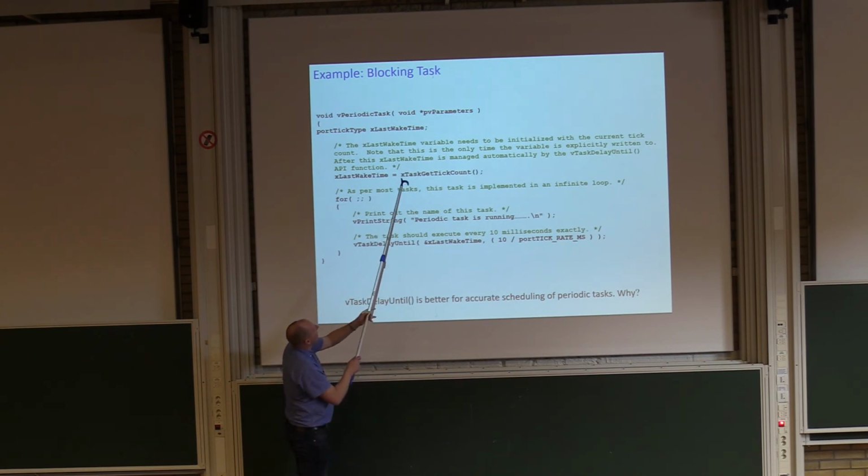So let's say the first time we executed, this one was 1,000 ticks, and we would like to execute every 100 ticks.